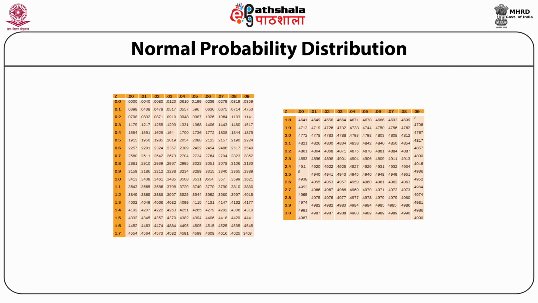Only up to 3.09 we have taken for the Z value, the last. The rest of the area, which lies beyond mu minus 3 sigma and mu plus 3 sigma, is covered under 3.09.